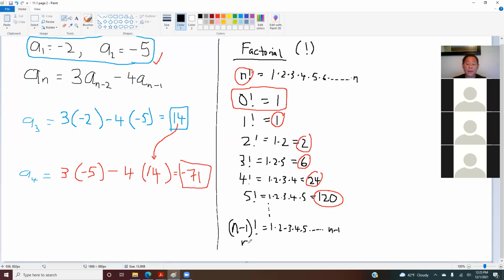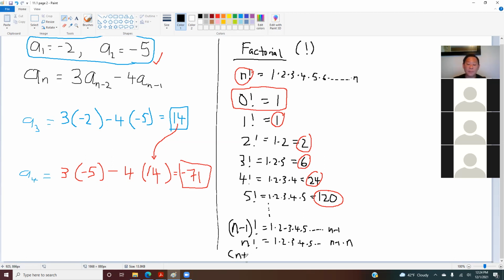And then n factorial is 1 times 2 times 3 times 4 times 5 times n minus 1 times n. This is the meaning of n factorial: you go all the way down to n, including n minus 1, because n minus 1 is the one before it.